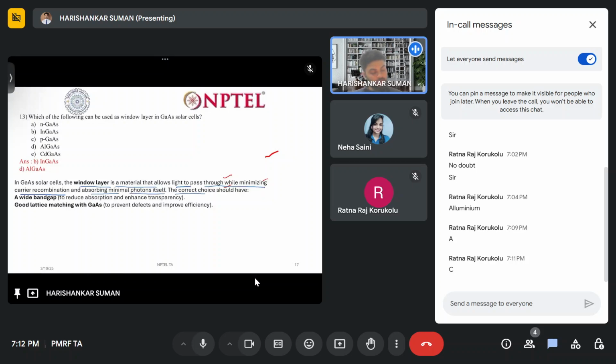The correct choice should have a wide band gap and good lattice matching with gallium arsenide to reduce absorption and enhance transparency, to prevent defects, to improve efficiency. Wide band gap and good lattice matching.